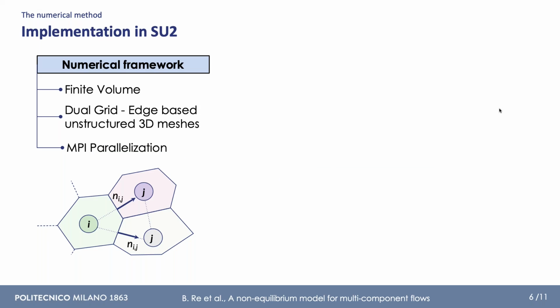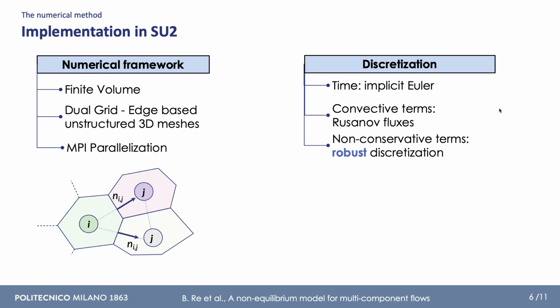We are implementing it in the SU2 framework, so we are using a finite volume scheme on a dual grid, edge-based unstructured mesh, which is transparent to whether the mesh is 2D or 3D. For the moment, we are only working on the 2D case, but the method is already ready to be extended to 3D. The numerical scheme is pretty easy.